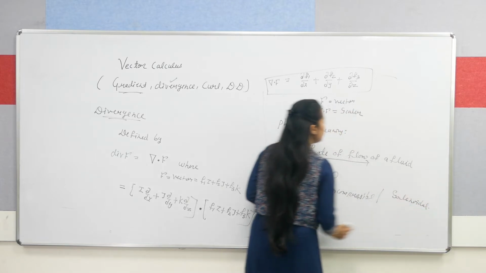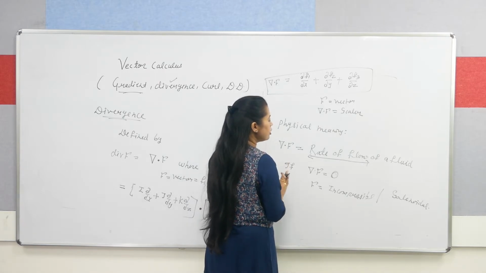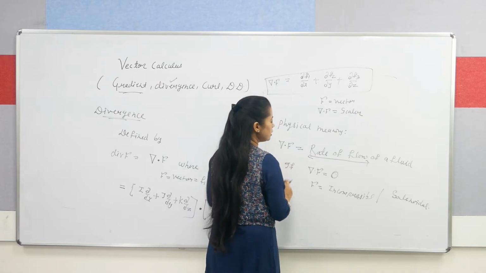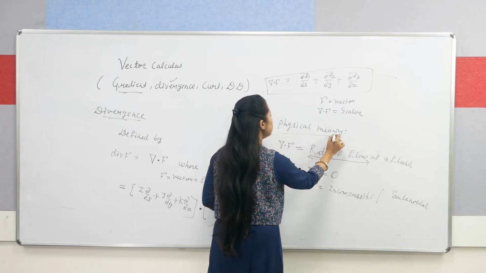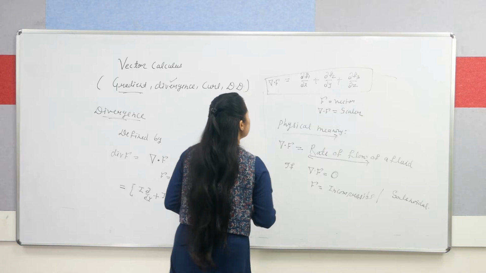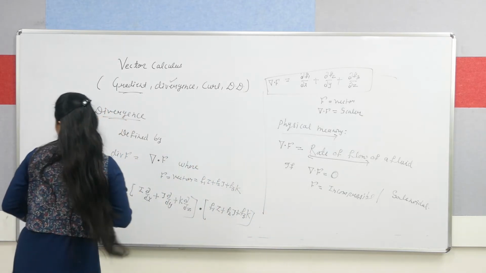So if we have to prove that the function is solenoidal, we just have to show that its divergence is 0. This is its physical meaning: the rate of flow of any fluid.